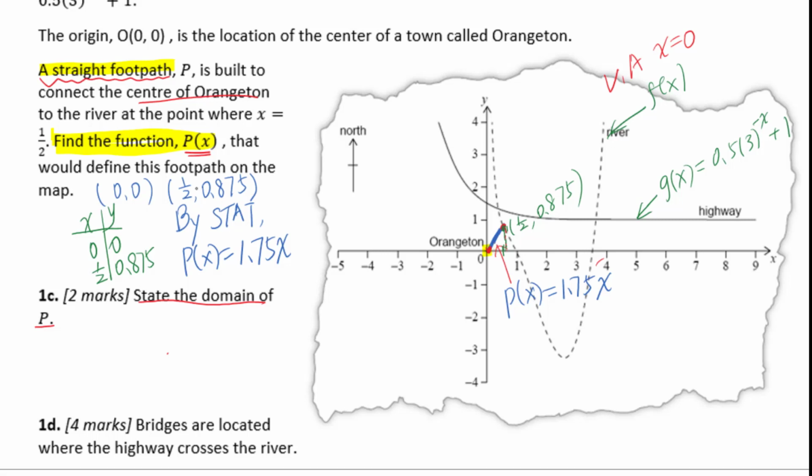So the domain of P of x will be x greater than... The very left side of x is 0. The very right side of x is 1 over 2. So x greater than 0, less than 1 over 2.